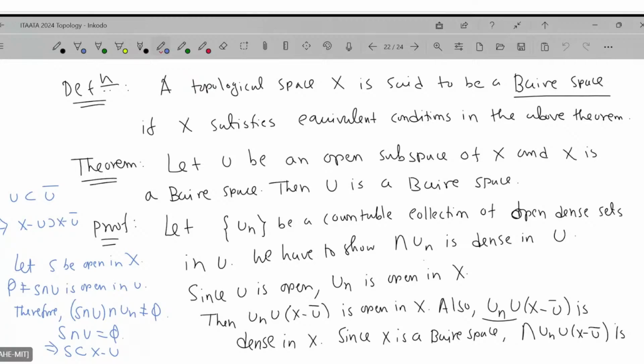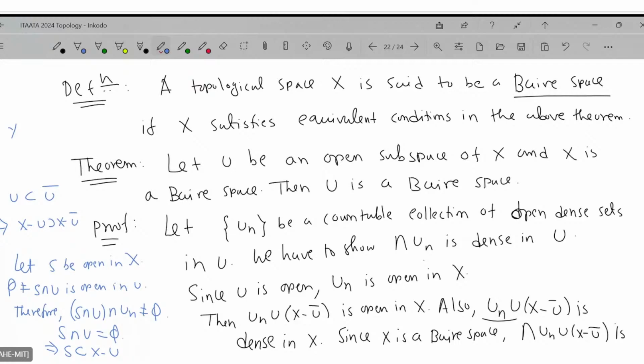Can we use that? X minus U closure will be X minus U itself. Okay. We'll get that. X minus U, yeah, I think it will work.